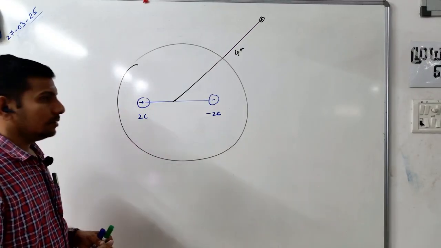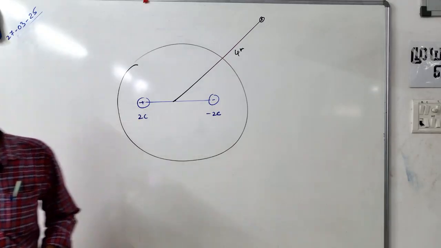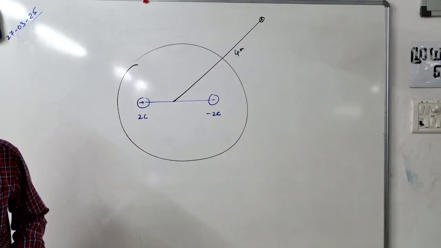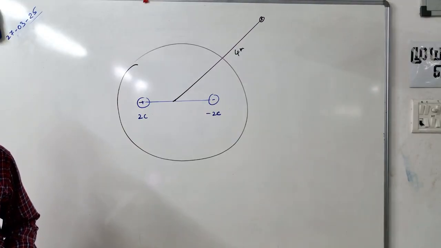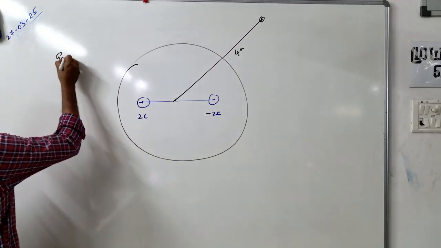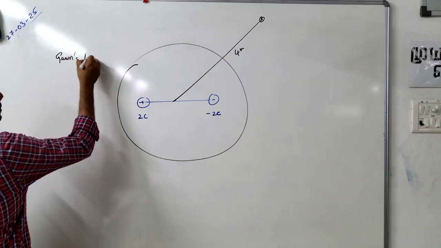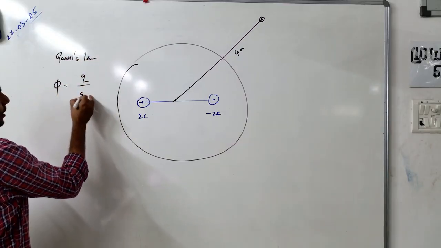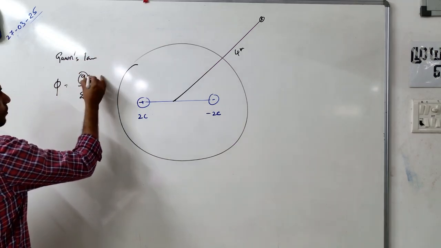So what's the formula here? The electric flux due to a system of charges is given by, according to Gauss law, the electric flux is equal to Q by epsilon naught. What is this Q?